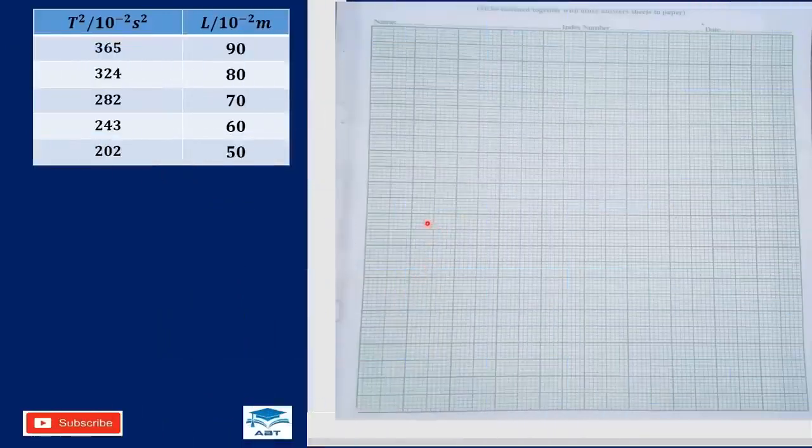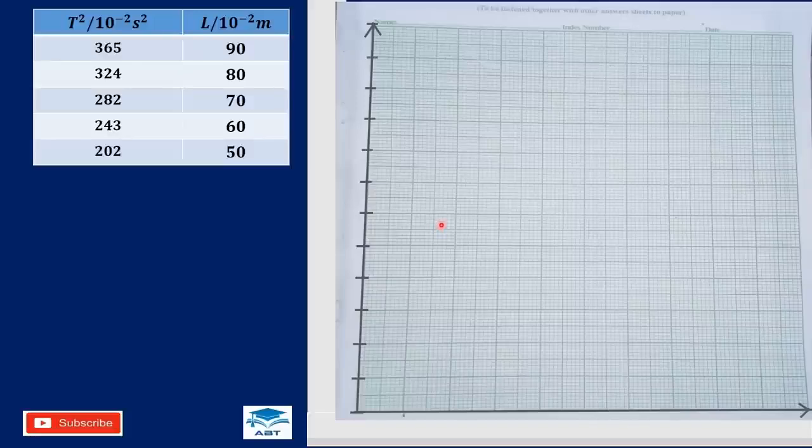So we draw the vertical and horizontal axis. We are plotting a graph of t squared on the vertical axis and L on the horizontal axis.